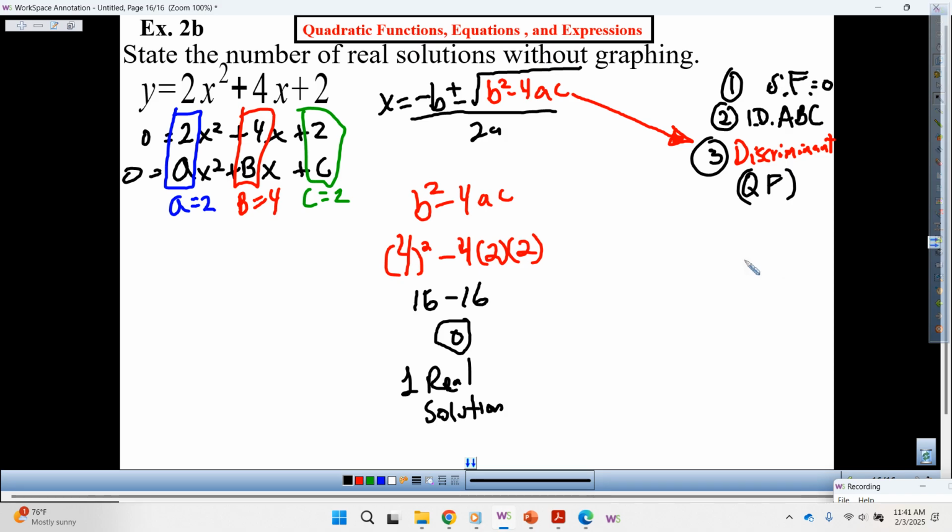How do you know, Mr. Q? Well, let me give you a little cheat sheet over here. Write this down. Write number of real solutions.